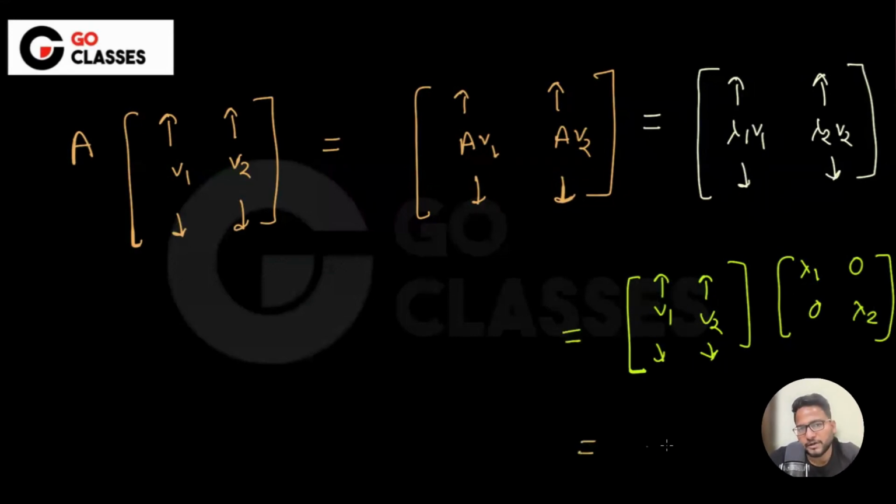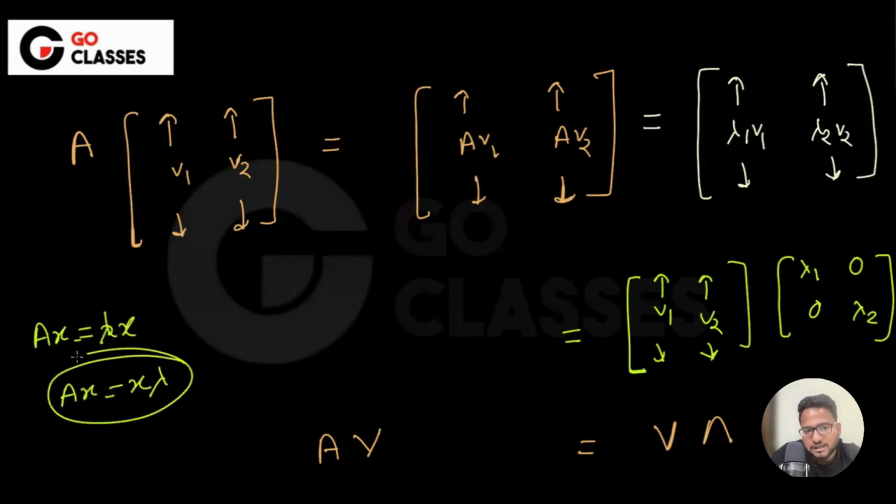Now this is the same as V into lambda. Earlier, Ax equal to lambda x, or x lambda if it is just one vector. If it is all the eigenvectors, then V into capital lambda, a diagonal matrix.